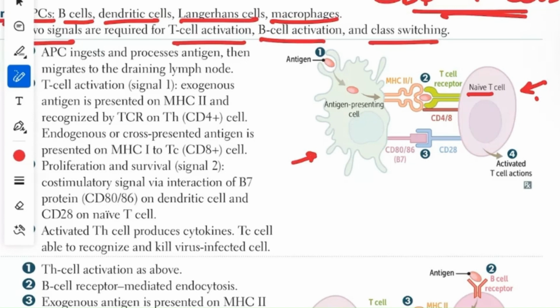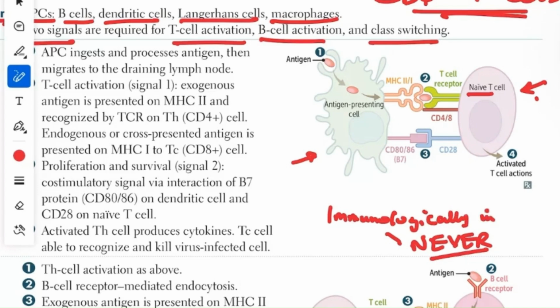It's a T cell that is immunologically inexperienced, meaning that it has never encountered any antigen. So that's what a naive cell is.